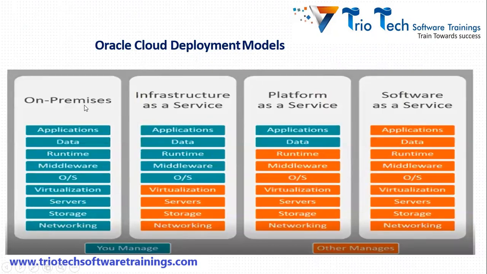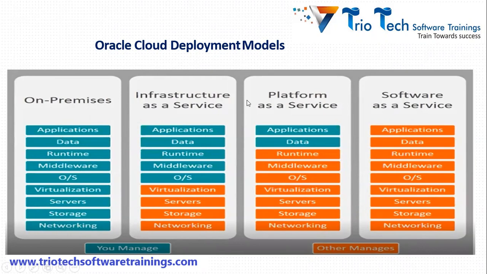On-premise was all about application, data, runtime, middleware, operating systems, servers, storage, networking. All of this was at the client's place. The word itself says on-premise, on-premise of the customer or the client. So everything had to be managed by the customer.